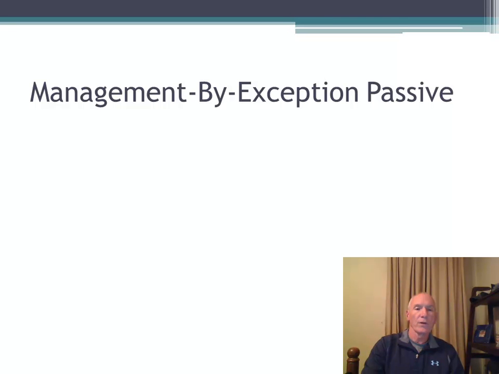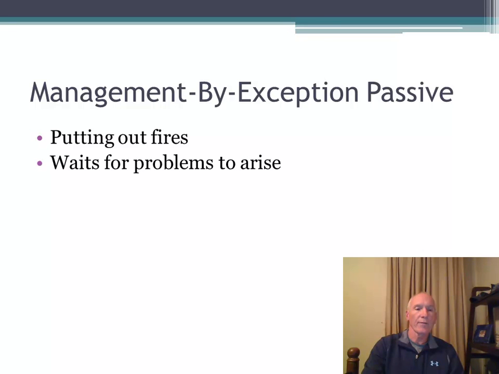There is a form of leadership called management by exception passive, and essentially that is where a leader puts out fires. Now, by management by exception, we typically mean problems. When something crops up contrary to policy, procedure, SOP, or a problem develops, a complaint about performance or some outcome, then the leader will react by putting out the fires.